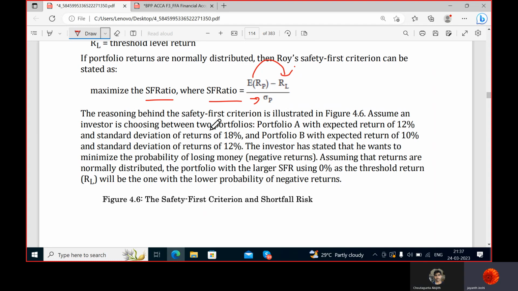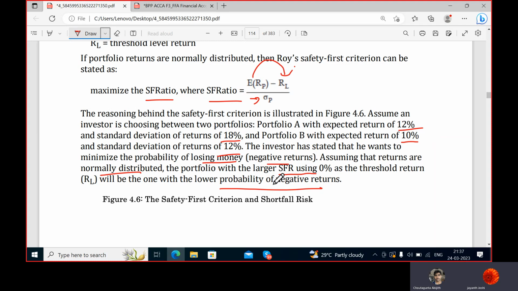Assume an investor is choosing between two portfolios. Portfolio A has this return, and the standard deviation is more here. Portfolio B has these returns, and the standard deviation is less here. The investor has stated that he wants to minimize the probability of losing money on negative returns. Assuming that returns are normally distributed, then the portfolio with the larger SFR, using 0% as the threshold return, that means the standard normal distribution, will be the one with the lower probability of negative return.